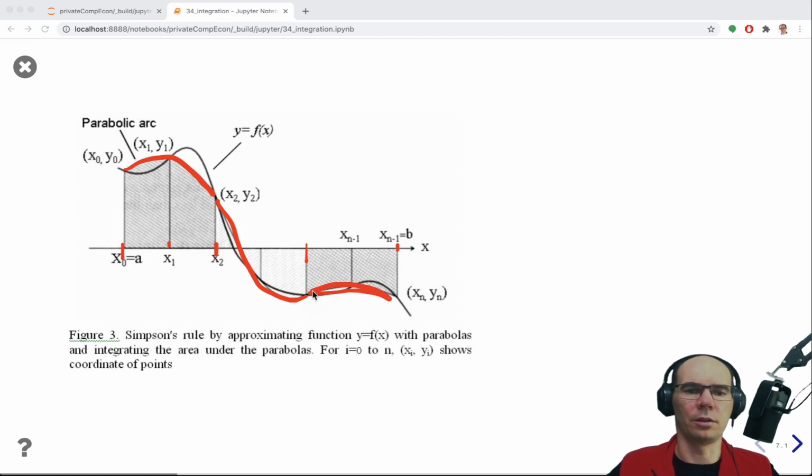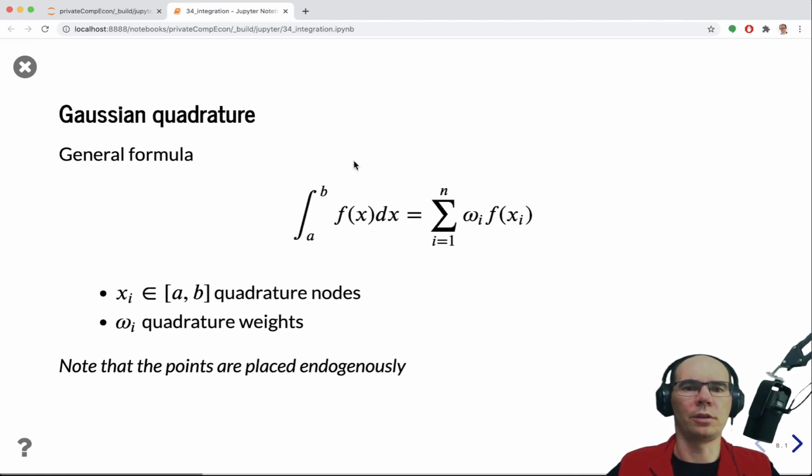So here's the Simpson rule applied to a grid of how many points? 7. Okay, that's what I wanted to say about this approach, and switch next to the quadrature approximation.